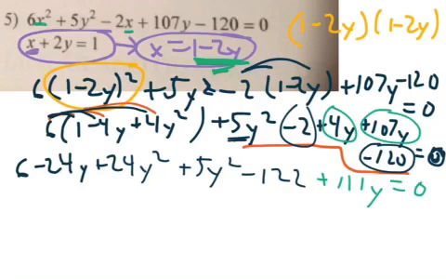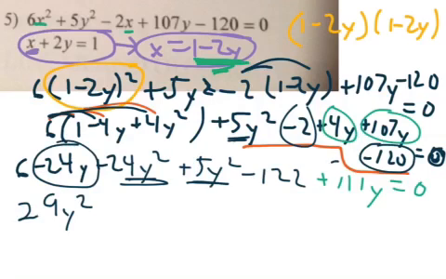Got to do a little bit more combining like terms here, guys. I notice the 24y squared and the 5y squared, so that's 29y squared. I notice the negative 24y with 111y. Again, use your calculator if you need to, guys. But that's going to be a plus. Let's see here.